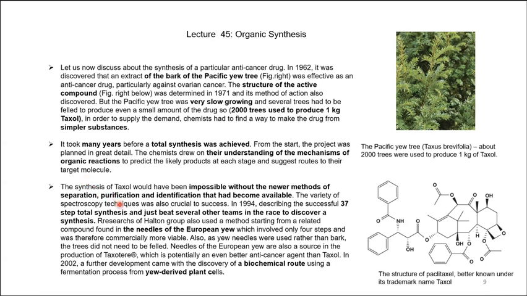Then in 1994, a successful 37-step synthesis was described, and from the needles of the European yew tree, we can make it in only 4 steps, giving reasonably commercially available Taxol, and that makes a cost-effective anti-cancer agent.